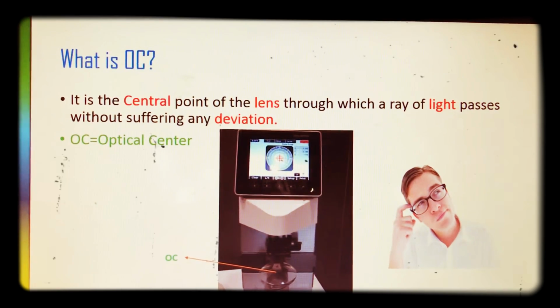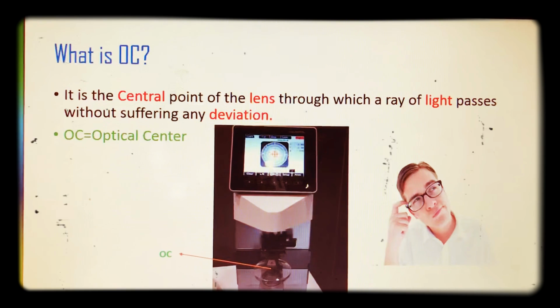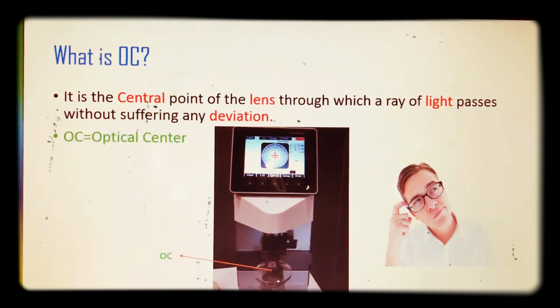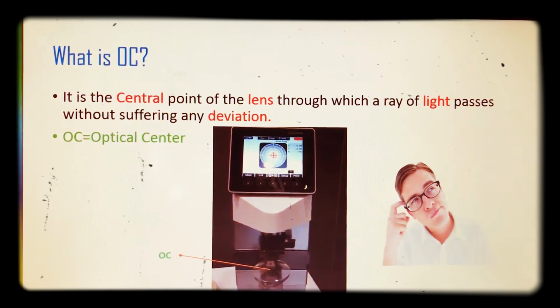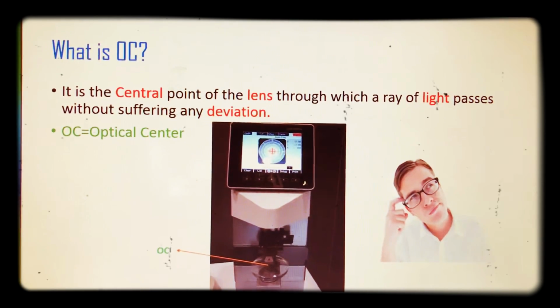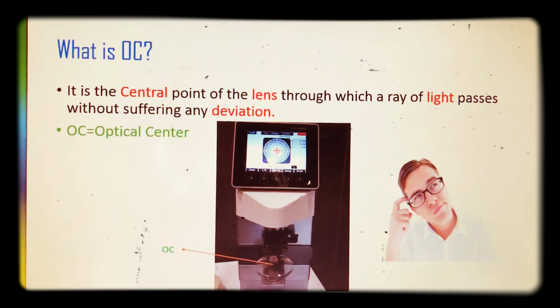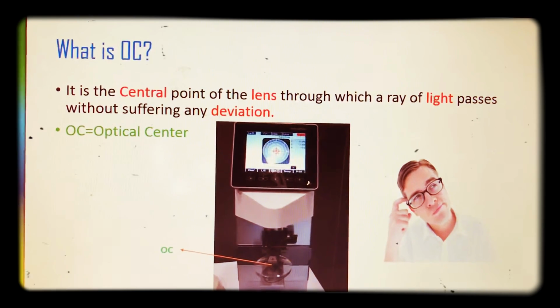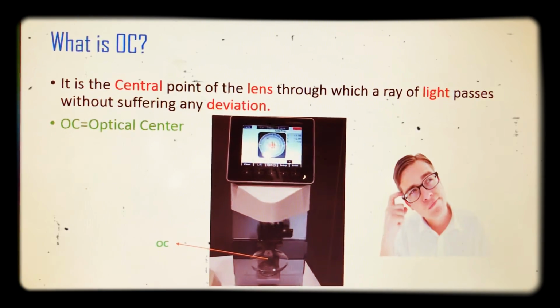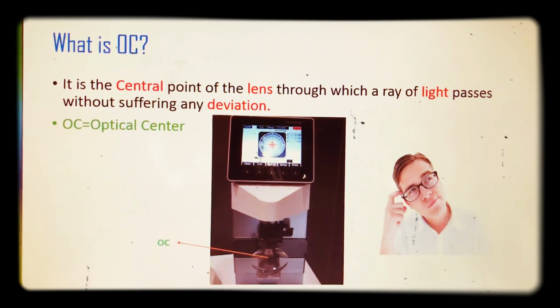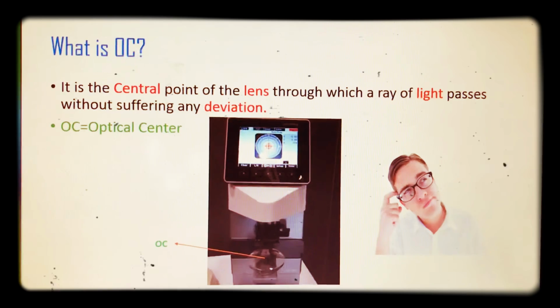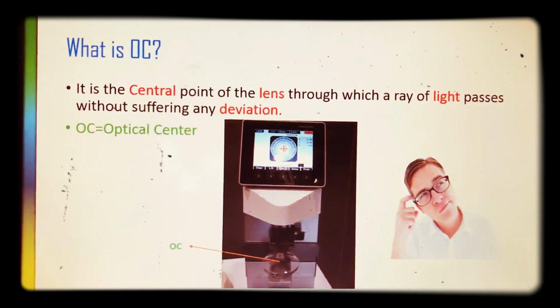That means when you put the lens on the lensometer and it is at the center, you will find the prismatic effect to be 0, 0. That is the center of the lenses, and at this point the rays of light will pass straight without any deviation, right? And it has a lot of importance in fitting the PD of single vision lenses.